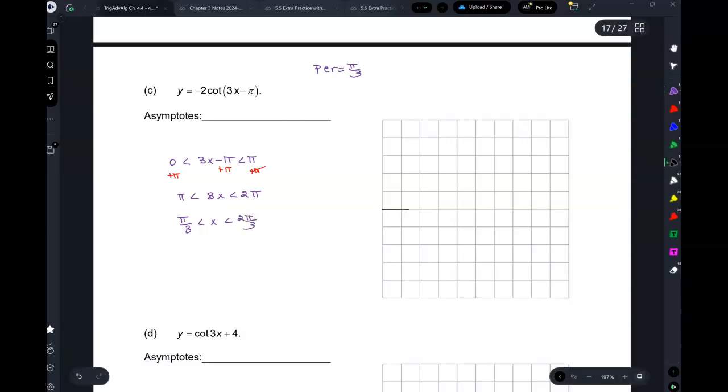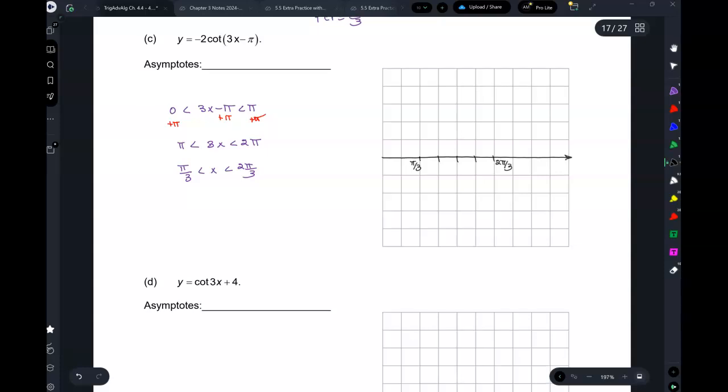Okay. Let's go to the next one. I'm sorry, let's go to the axis. So here we go. Pi over 3, 1, 2, 3, 4, 2 pi over 3. Okay. So this middle one, right?